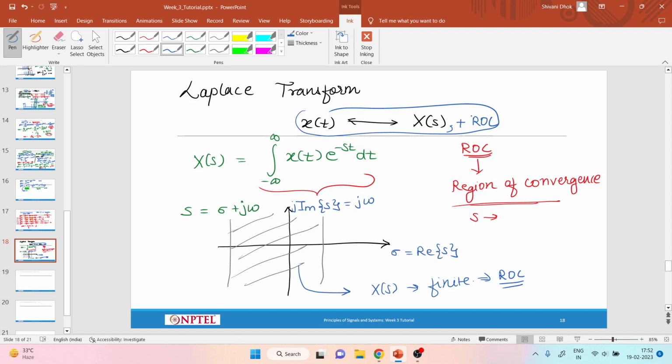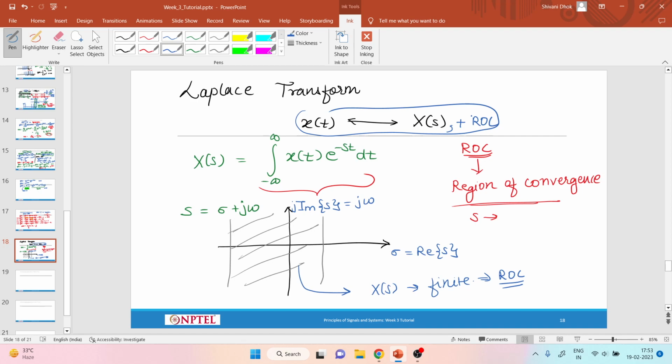That is, given x of s and ROC, I can recover x of t if I know both properly. Otherwise I won't be able to get it back, because one x of s may correspond to multiple x of t's. Hence, region of convergence is an important concept in Laplace transform.